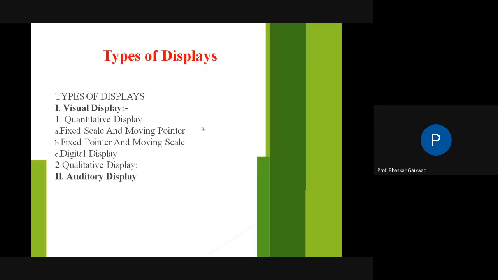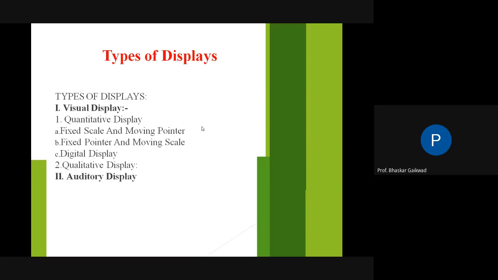Now, the next point is the types of display. The revision is going on. The first type of display is the visual display. Under this, the quantitative display is there. Quantitative display means the quantity needs to be measured. Under this are fixed scale and movable pointer. Any pressure gauge, or temperature meter, has a fixed scale.